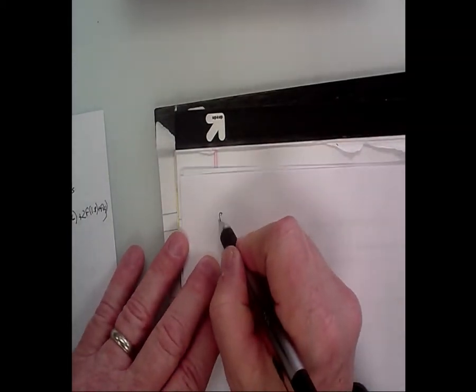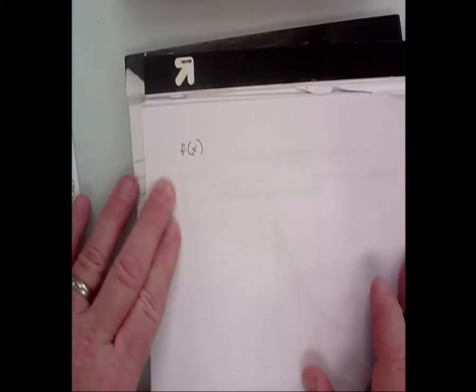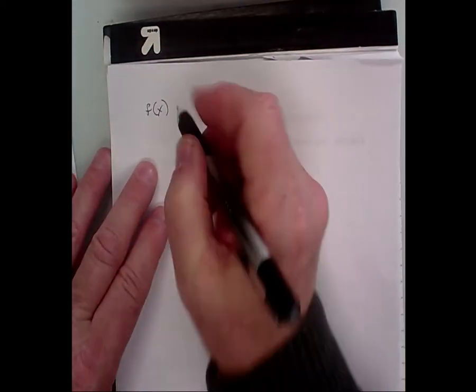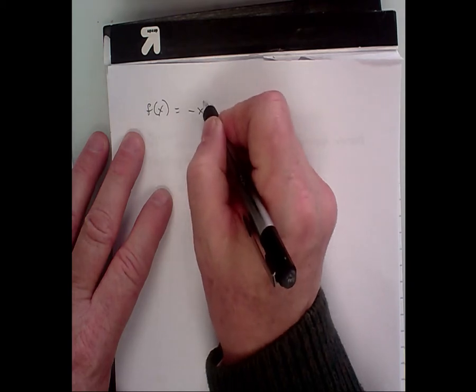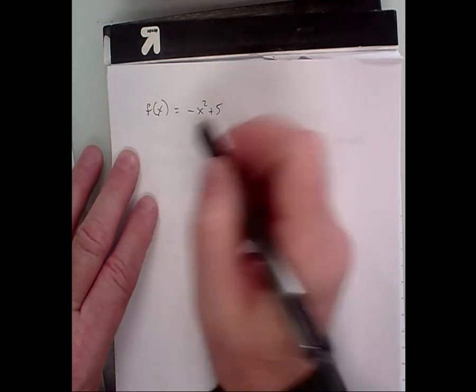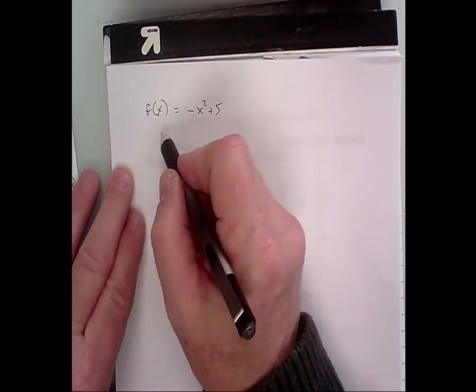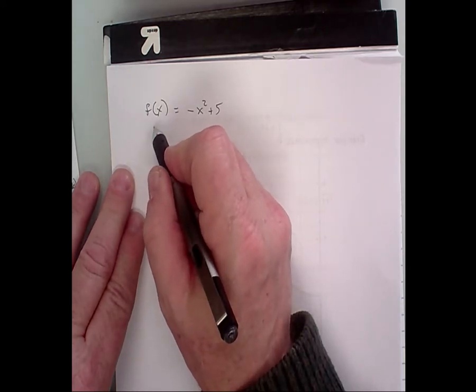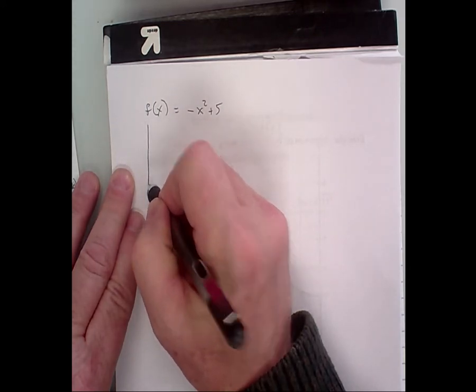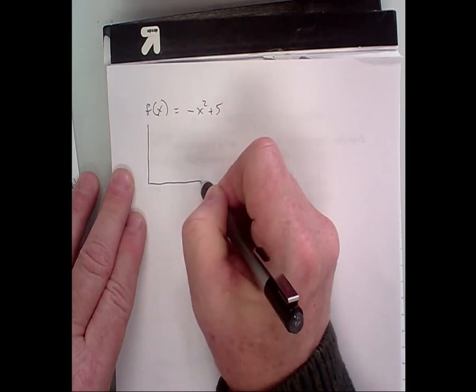Alrighty. So we have this graph. Can you see this okay yet? It looks like this. I'm only going to draw the first quadrant.